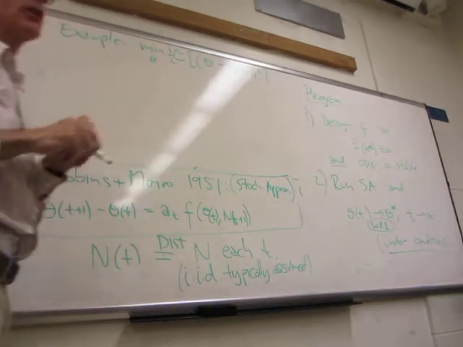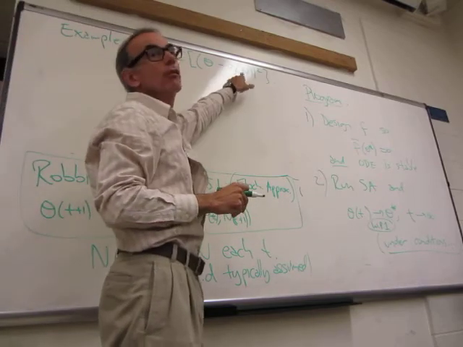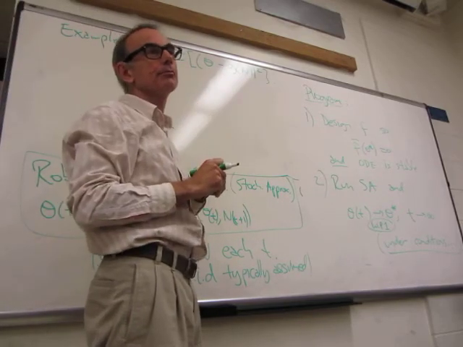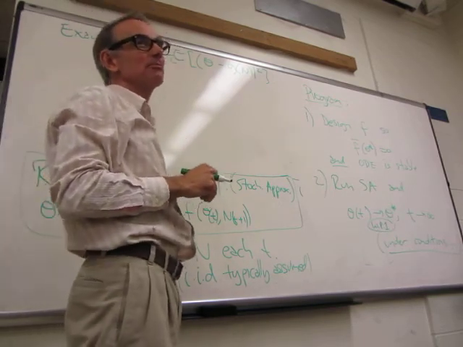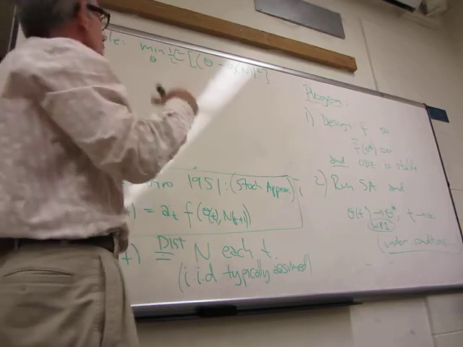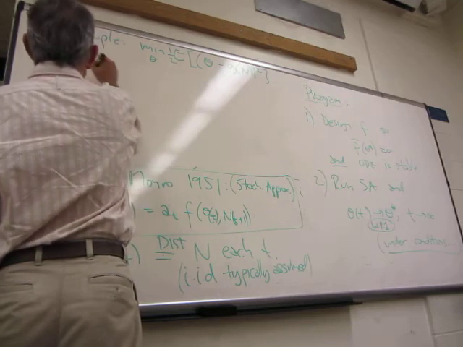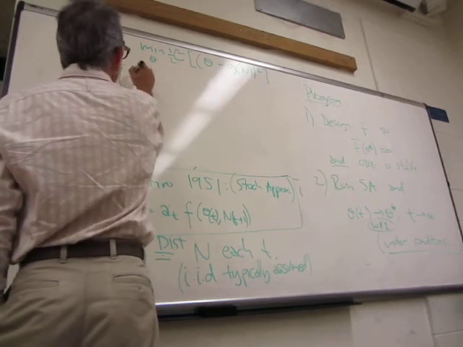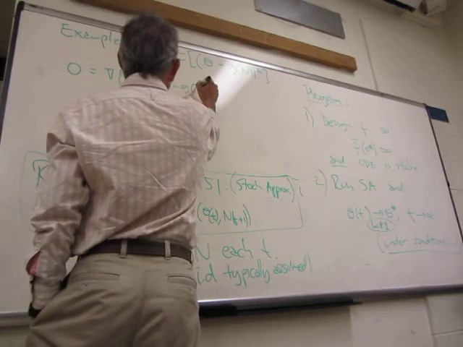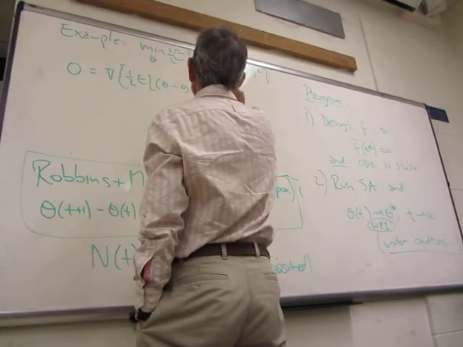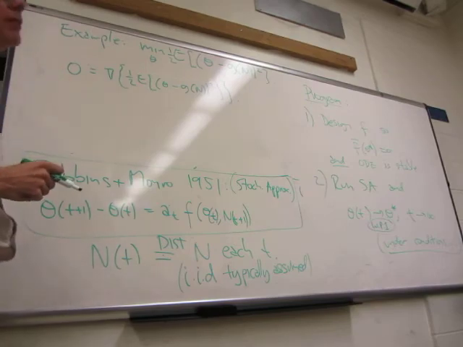So an example might clarify things. So suppose I wanted to minimize overall theta, the expectation of theta minus g of n squared, g is some function. Now we can solve this, but let's pretend we can. Okay? So we know then that we would take the derivative. And it's actually quadratic. And for simplicity, let's take it scalar.